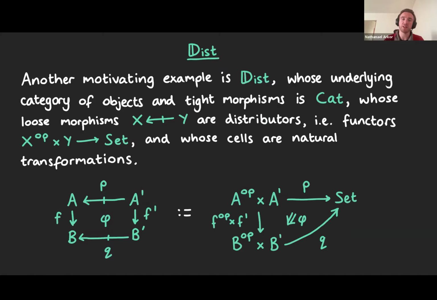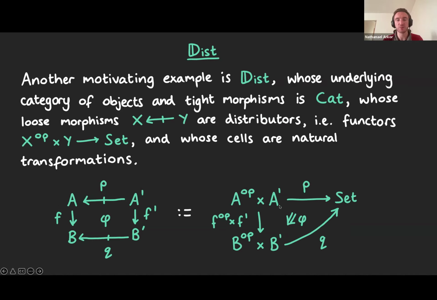Now, another example is the double category of categories and distributors. Here, an object is a category, or a small category to be precise. A tight morphism is a functor. A loose morphism from y to x is a distributor, so it's a functor x op times y into Set. And the cells are simply natural transformations, as on the right.